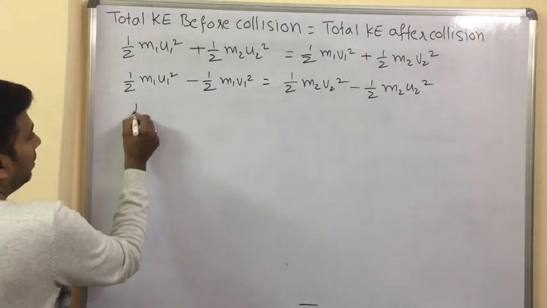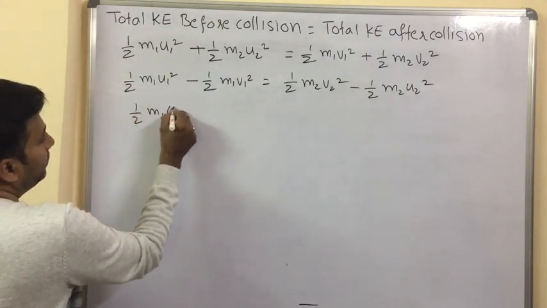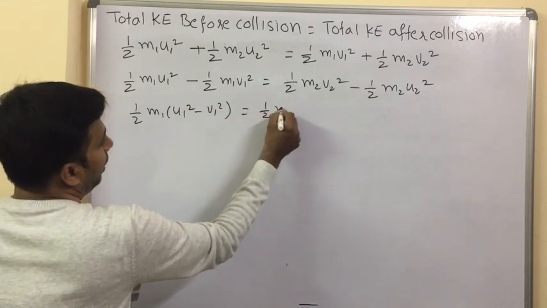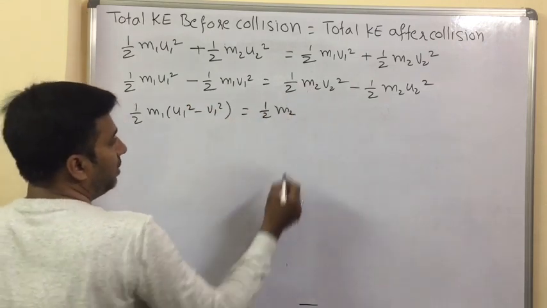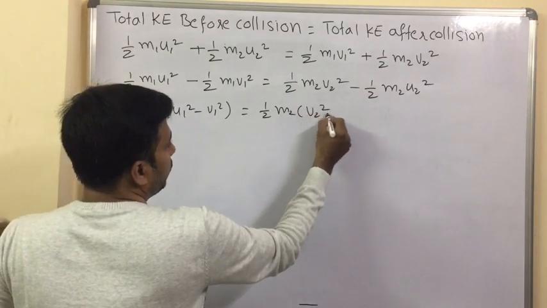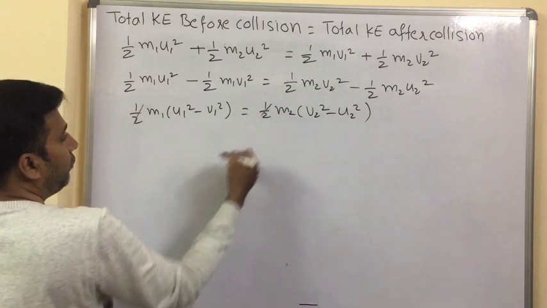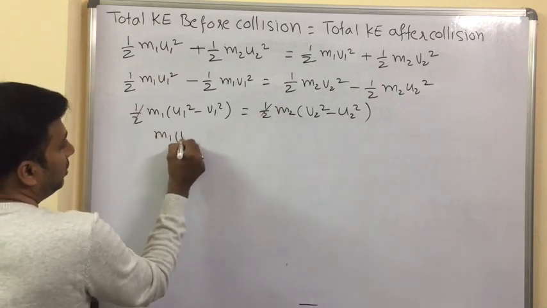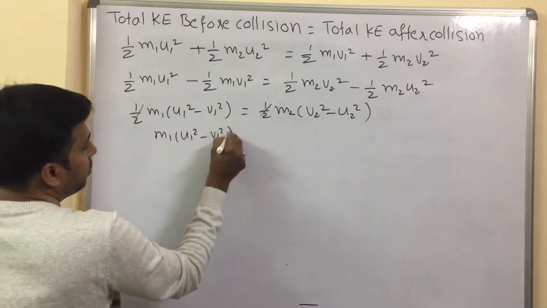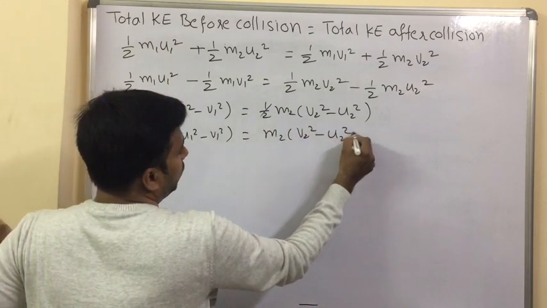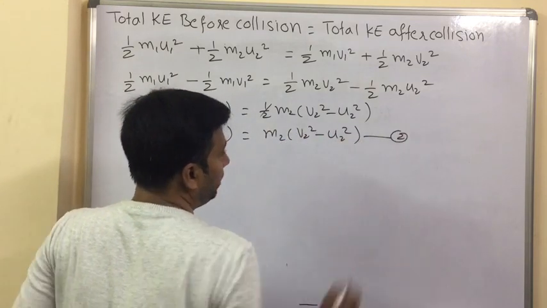So half m1 (u1 square minus v1 square) equal to half m2 (v2 square minus u2 square). Here half cancels: m1 (u1 square minus v1 square) equal to m2 (v2 square minus u2 square). Make this equation number 2.